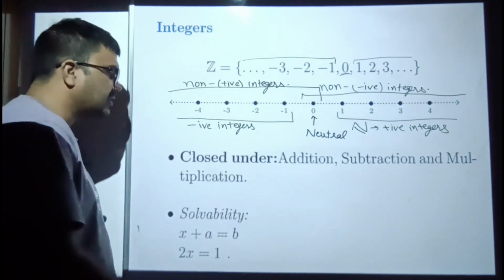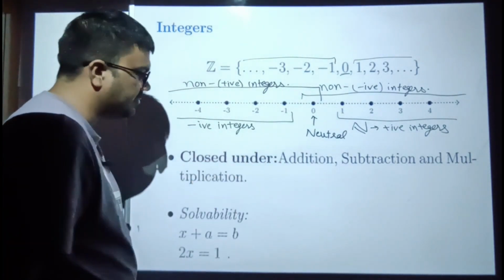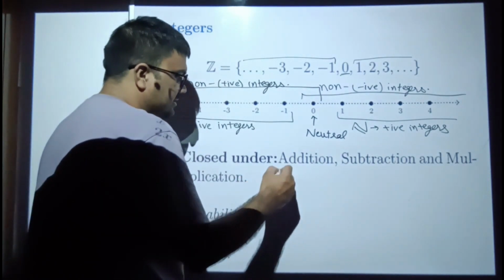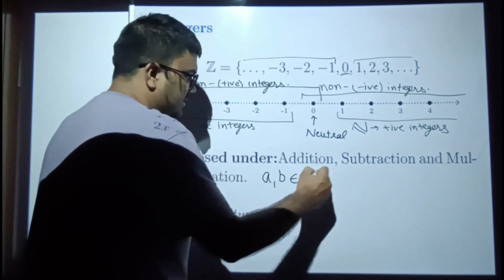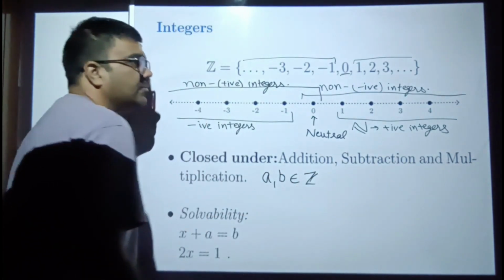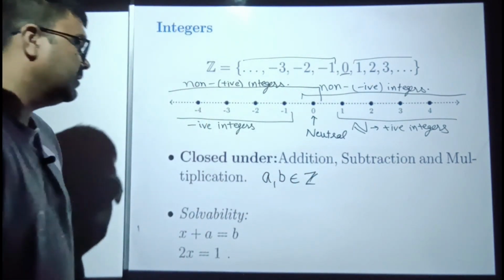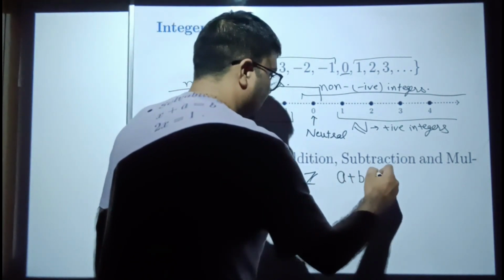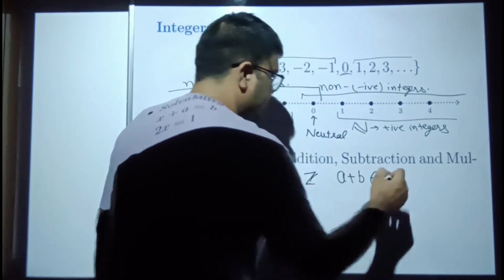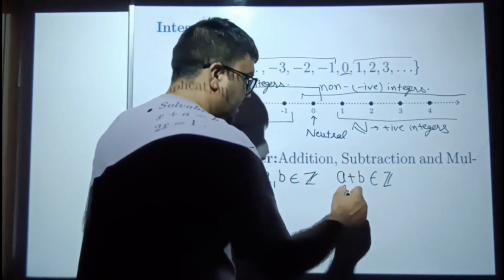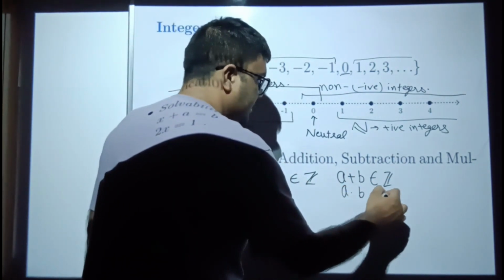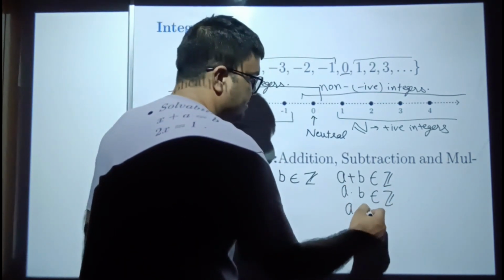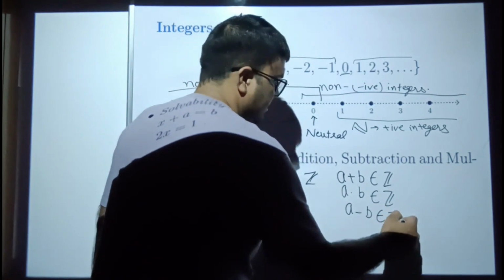If we look at the set of integers, they are closed under addition, subtraction, and multiplication. What we mean by this is that if we take any two integers a and b from the set of integers, then a plus b is an integer, a into b is an integer, and a minus b is an integer.